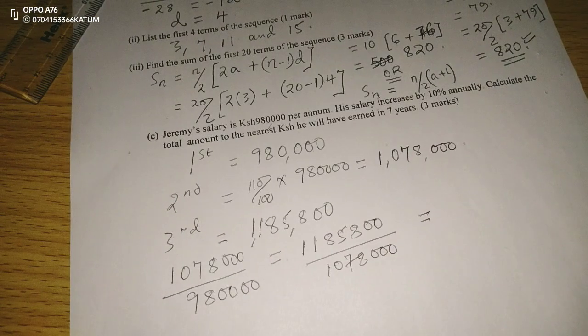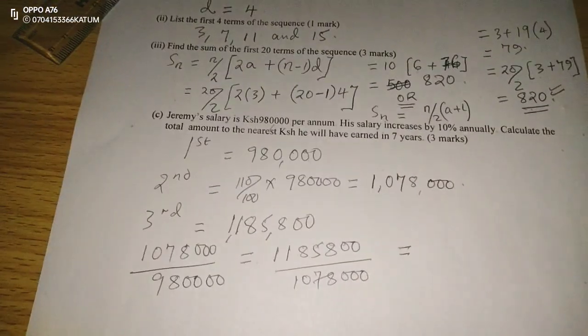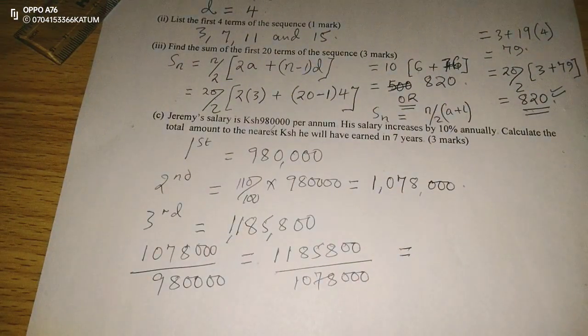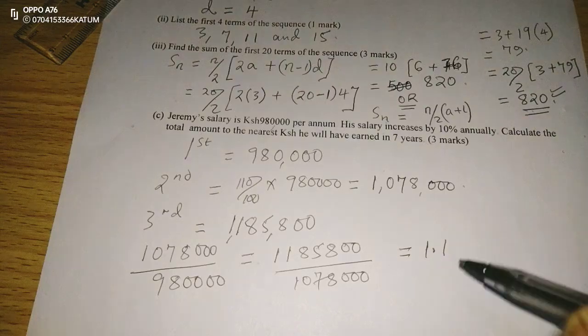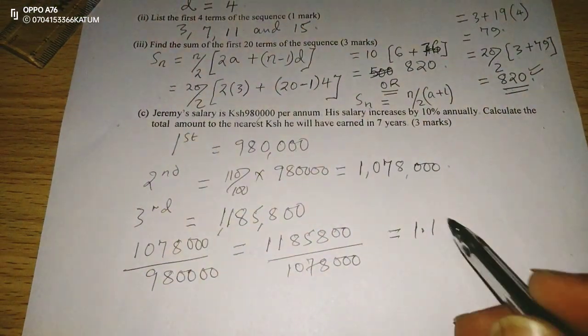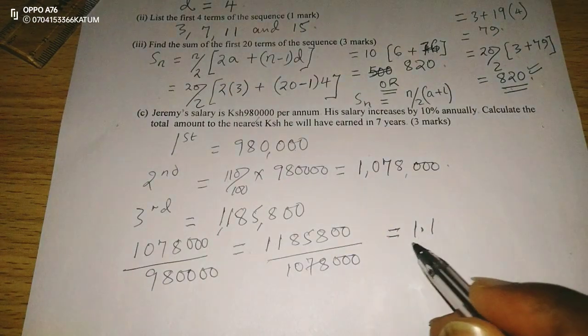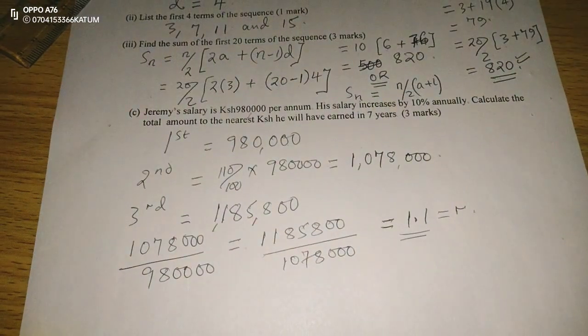When I divide the third by 1,078,000, I'm getting 1.1. And when I take 1,078,000 and divide by 980,000, I'm also getting 1.1. Therefore, it's confirming that as we continue, if we had taken the fourth, we could still have gotten a common ratio. So we have an r of 1.1.